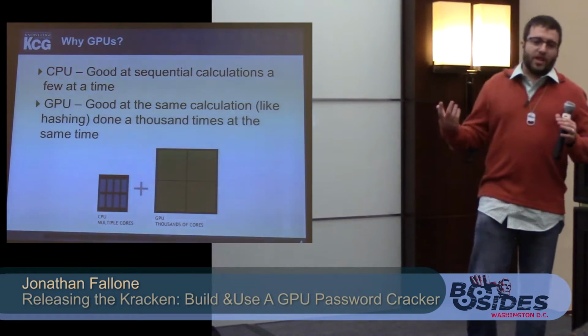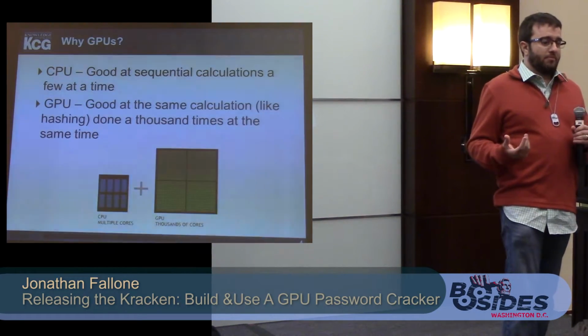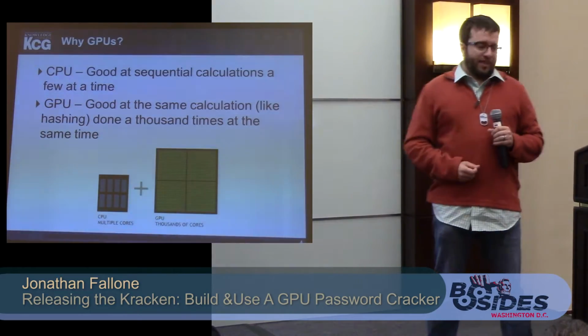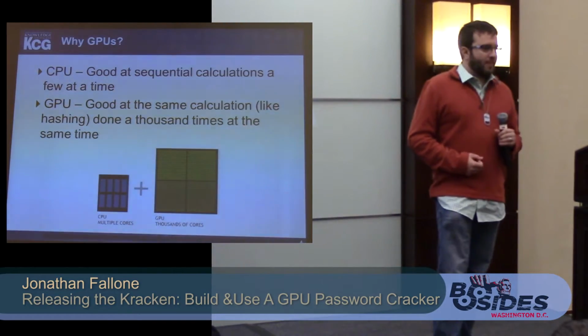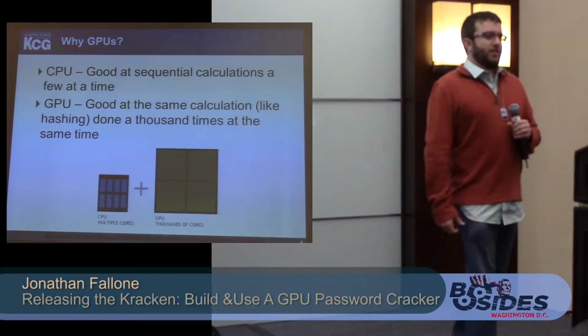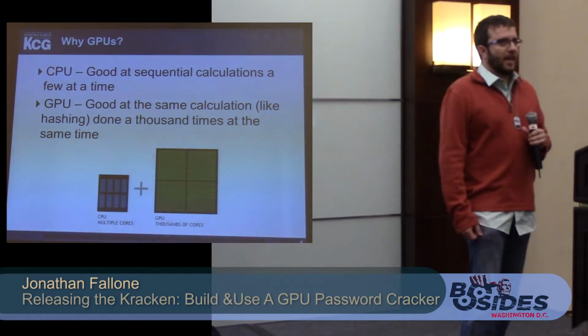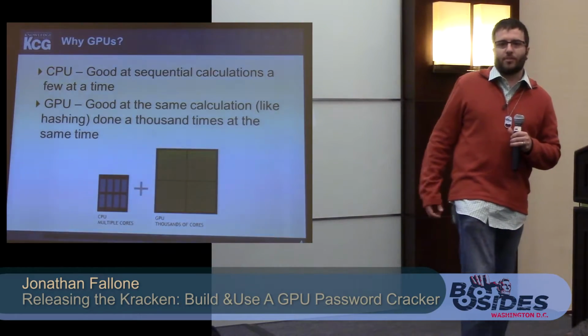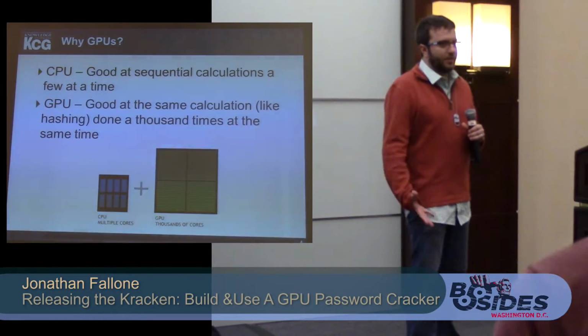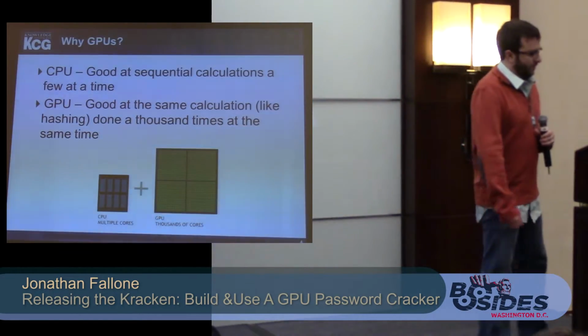So hashing is doing the exact same calculation, and in this case we can do it 1,000 times all at the same time. GPUs have thousands of cores. In fact, today, you're not going to find a GPU that's really got under 1,000 cores in it. Most of them are going to have between 1,000 and 3,000 cores per GPU.